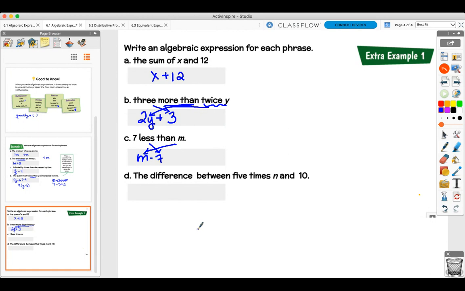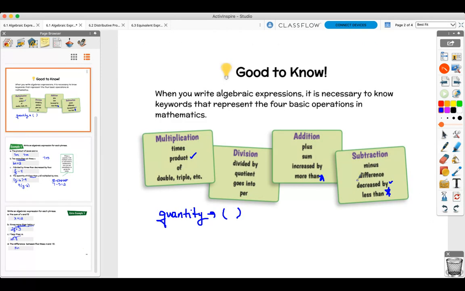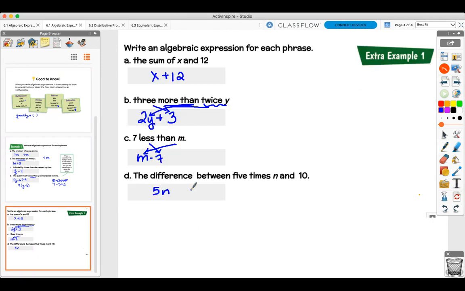Okay? And the difference between 5 times n and 10. So you have 5 times n. And the difference between, so what is the difference? Difference, again, is subtraction. So minus 10. The difference between 5n and 10, and you're just subtracting.